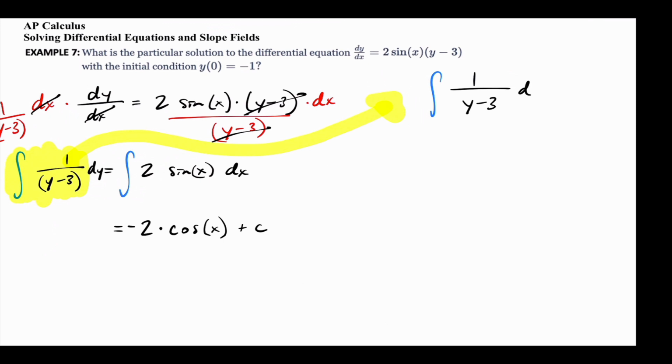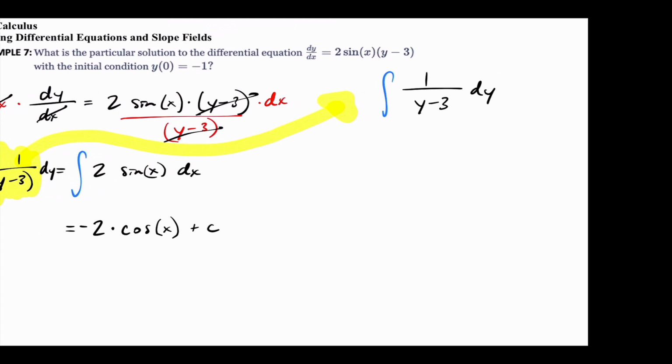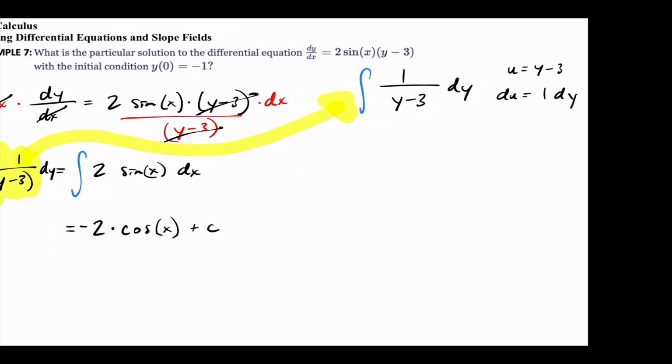Oops, forgot dy. U is going to be y minus 3. Du will be 1 dy. Divide both sides. The 1 moves to the other side. Oops. Du equals dy.